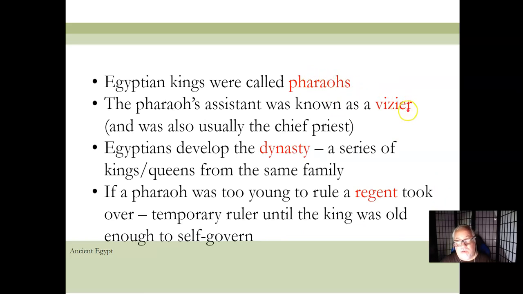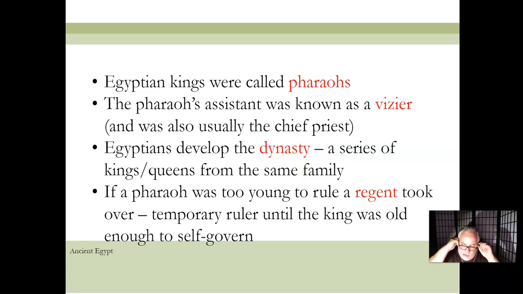Again, I told you before, red words, definitely definitions for tests. Pharaohs are Egyptian kings. Vizier is basically the assistant, the vice president, if you want, right? Usually he was also the chief priest, head of all the religion. He was the advisor for the pharaoh. The Egyptians developed the dynasty system, whereas if you're the king, your family will become the king, right?